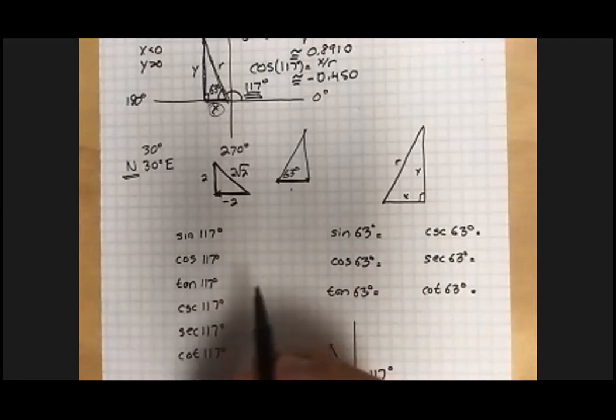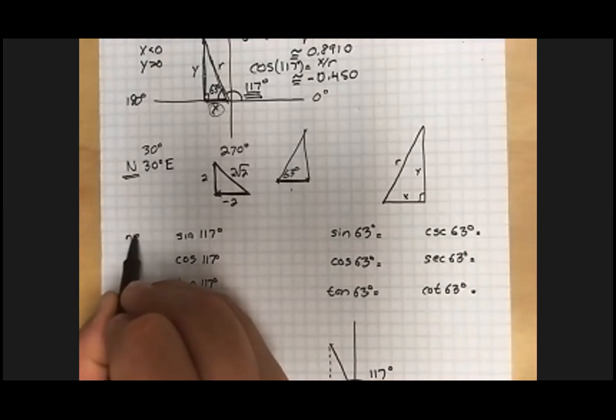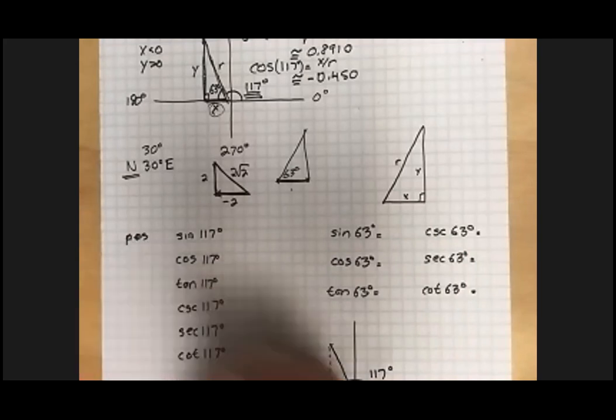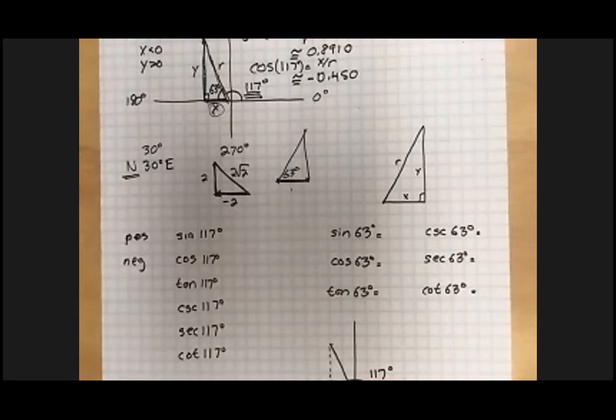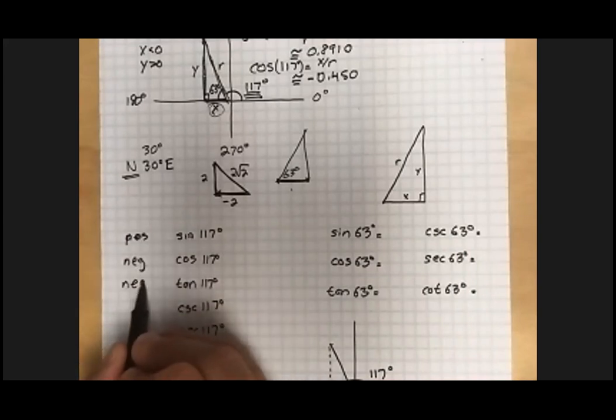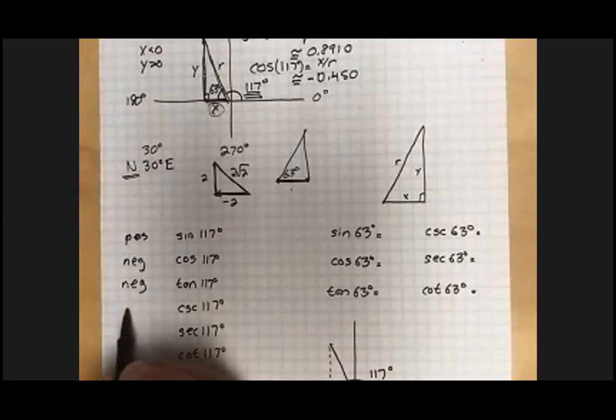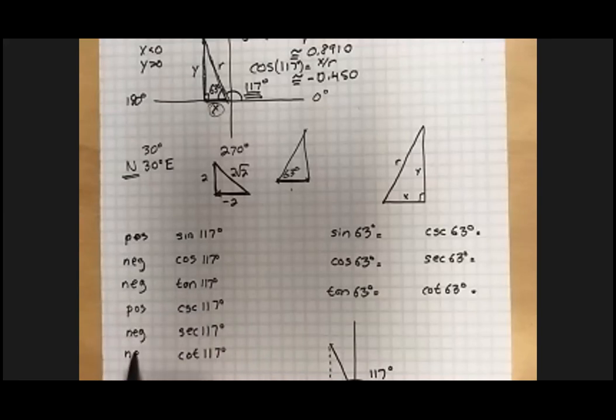The sine is going to be positive because the sine is the y coordinate over r. Cosine is going to be negative. I can predict it ahead of time. The tangent is sine over cosine. Positive over negative is negative. Cosecant is 1 over sine, and the reciprocal of positive is positive. Secant is 1 over cosine. The reciprocal of negative will be negative, and the cotangent is the reciprocal of tangent. The reciprocal of negative is negative. 4 of these puppies are going to be negative, even though they have the same values.